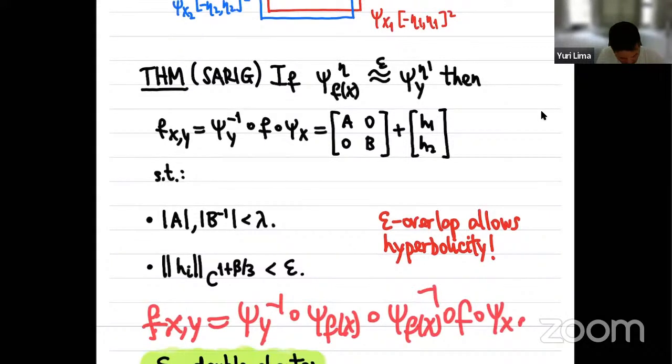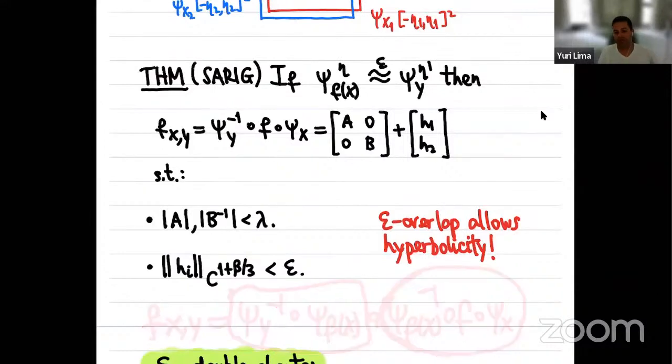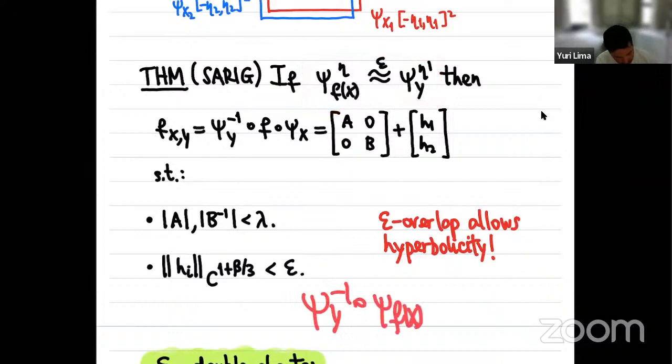And we know that this guy is almost hyperbolic. And by the epsilon overlap assumption, this guy is going to be close to the identity. So the proof is the same, but now the assumption that we require is stronger to guarantee that that change of coordinates is close to the identity.